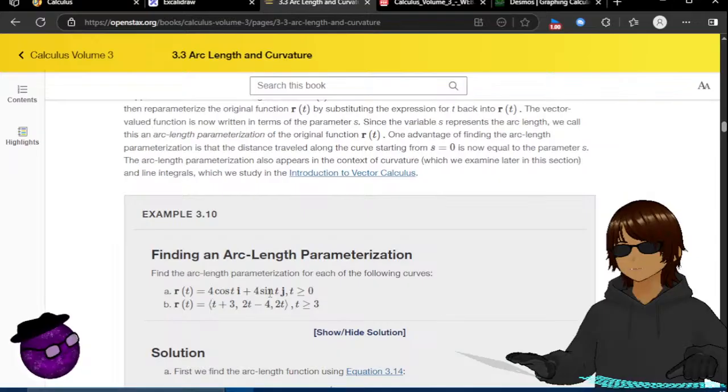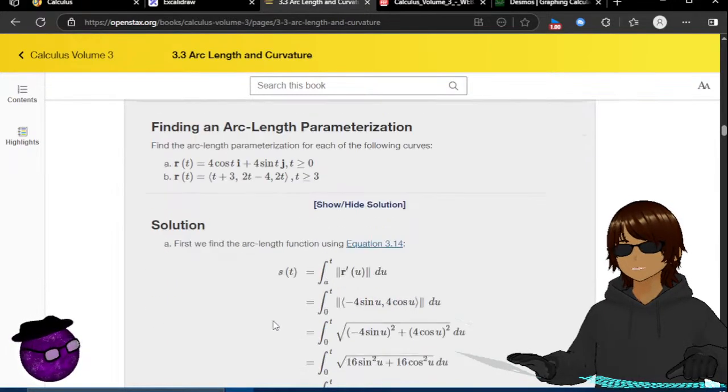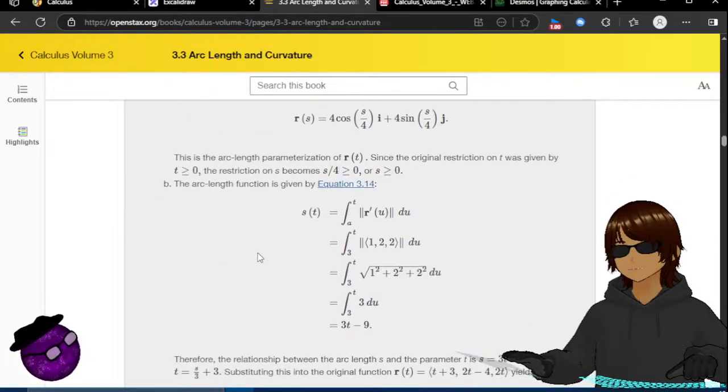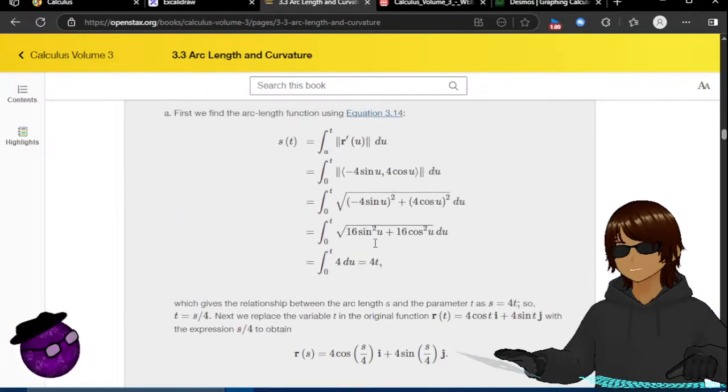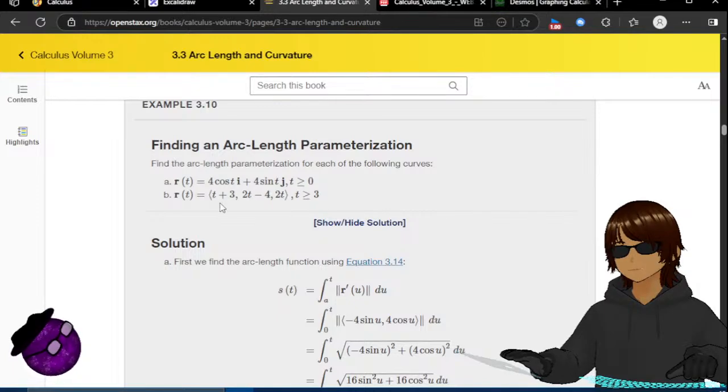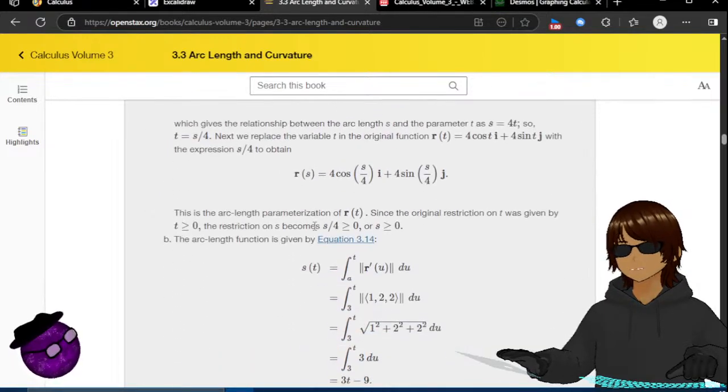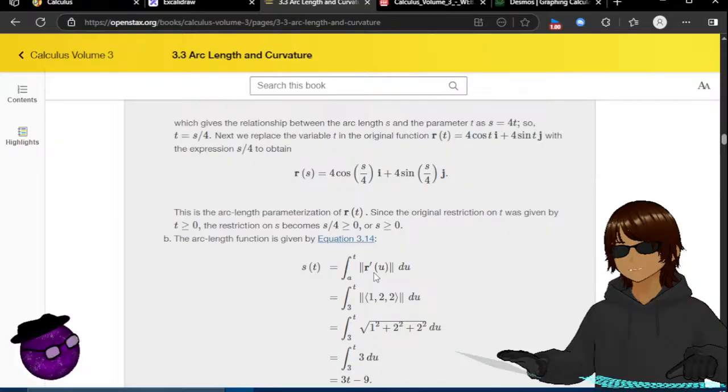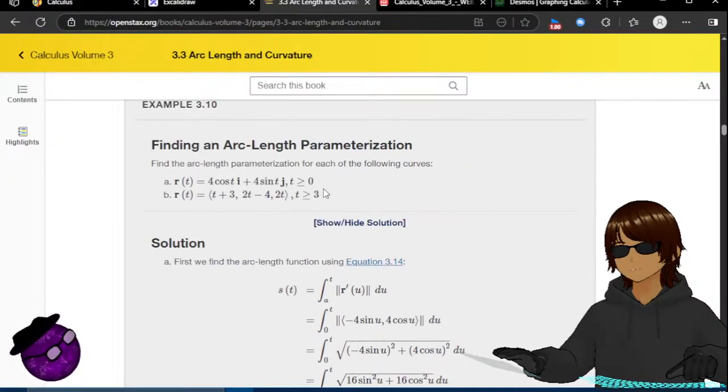Okay, let's just read through this one. t plus 3, 2t minus 4, and then 2t. So first they're finding the length. So we have 1, 2, 2. Hold on, how is it 1, 2, 2? So it's starting from 3.